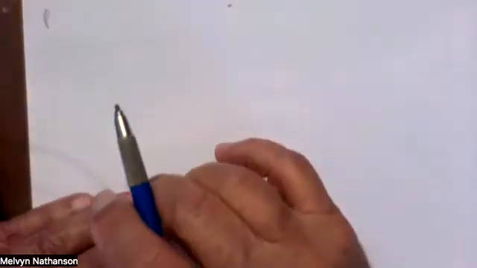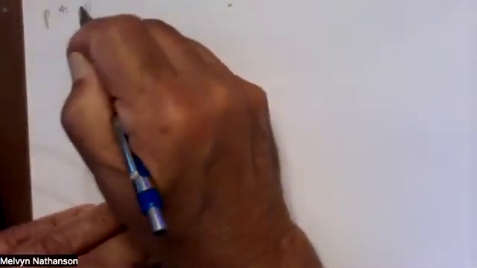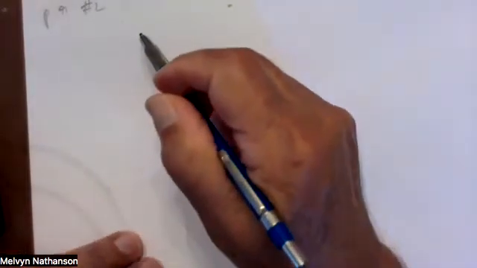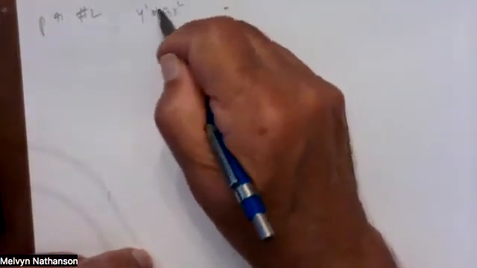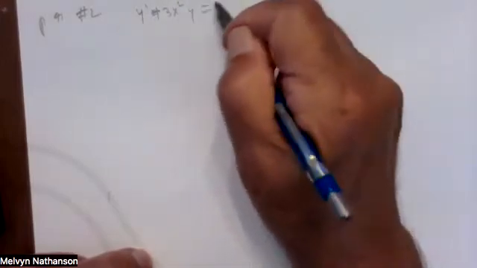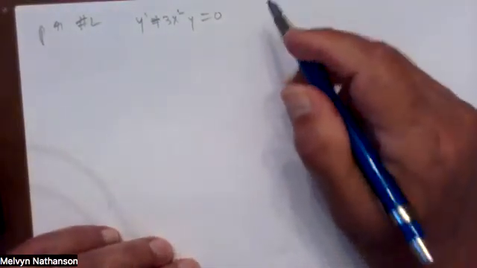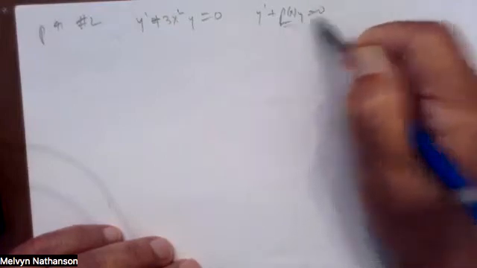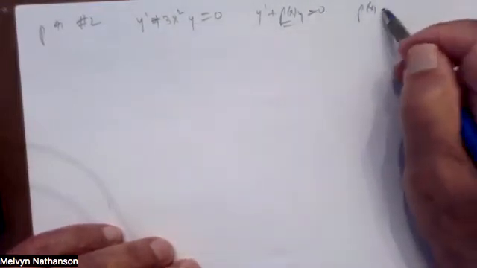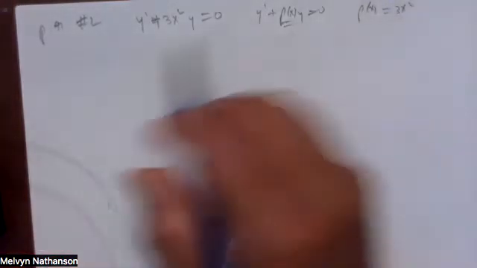Number 2. So this is on page 41, number 2. Find the general solution of y prime plus 3x squared y equals 0. So this is of the form y prime plus p of x y equals 0, where my function p of x is 3x squared.